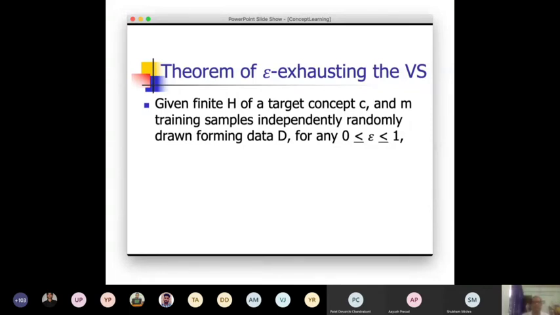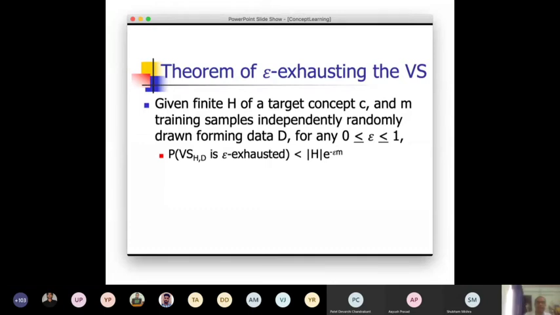So this is one very interesting theorem. It says that you can get some bound on the probability that the version space is epsilon exhausted, depending upon the number of hypotheses in the hypothesis space, which has to be finite, and also the number of training examples, and of course the bound epsilon.